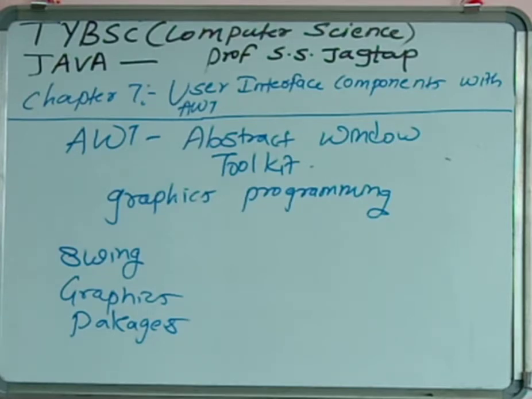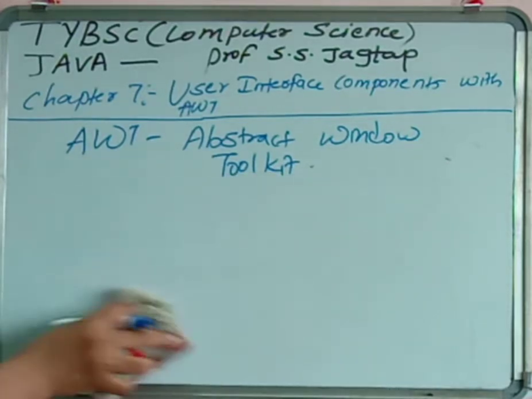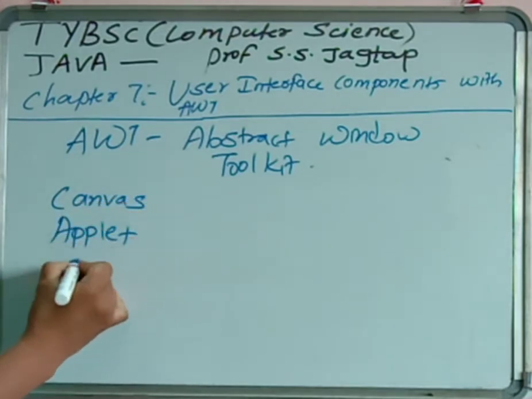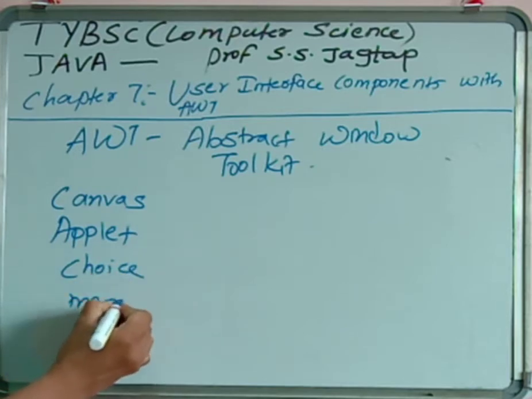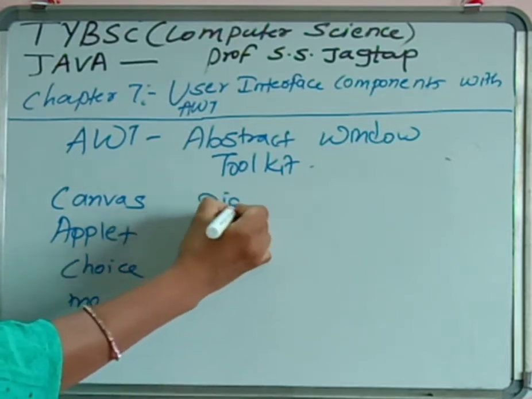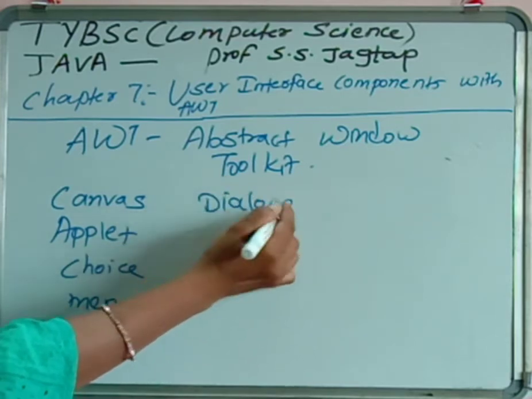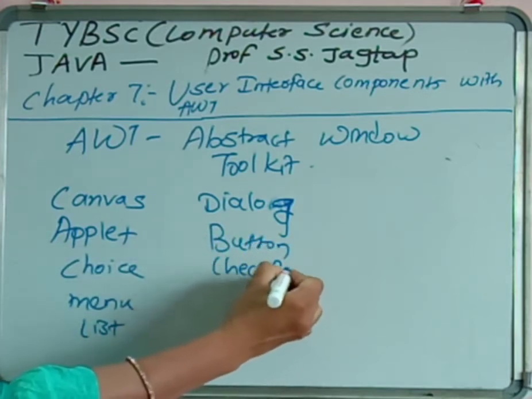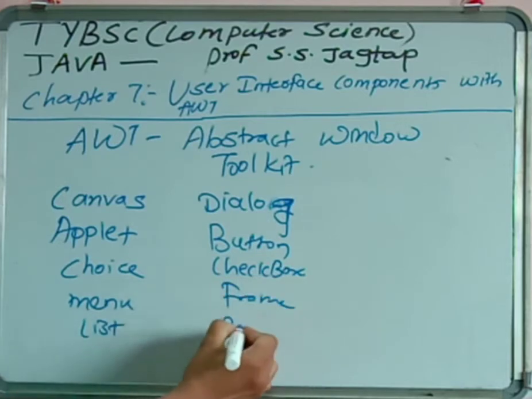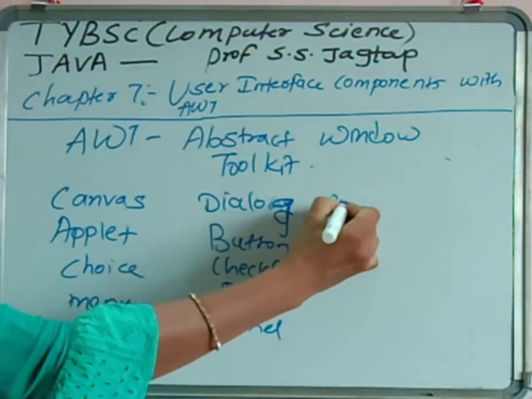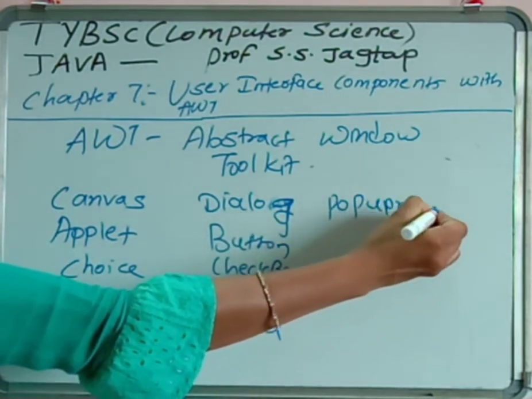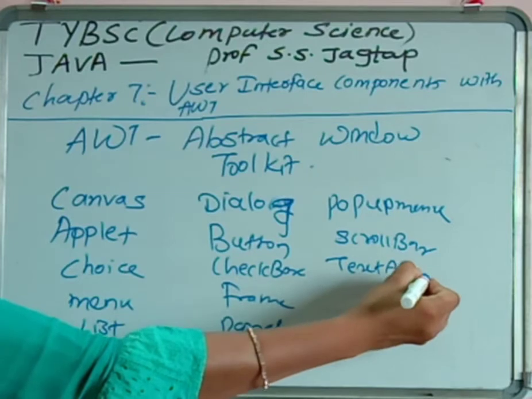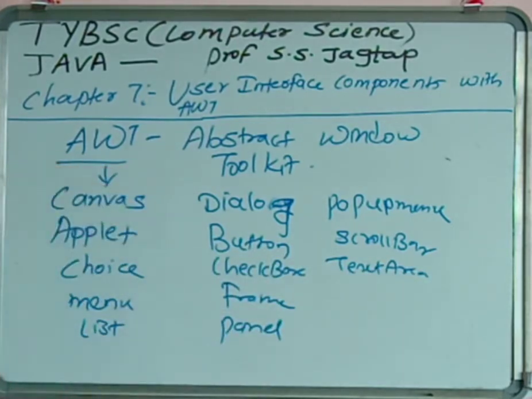Various popular classes included in AWT are Canvas, Applet, Choice, Menu, List, Dialog, Button, Checkbox, Frame, Panel, Pop-up menu, Scroll bar, Text area. These all are included in AWT packages.